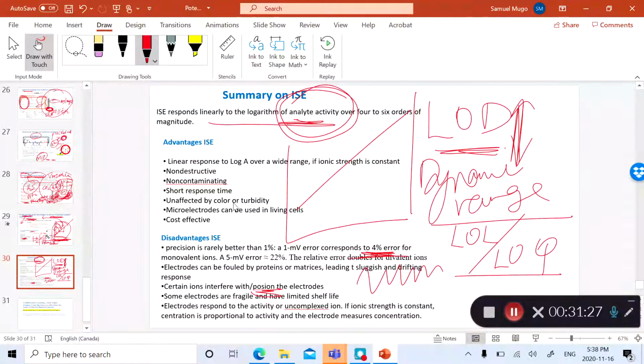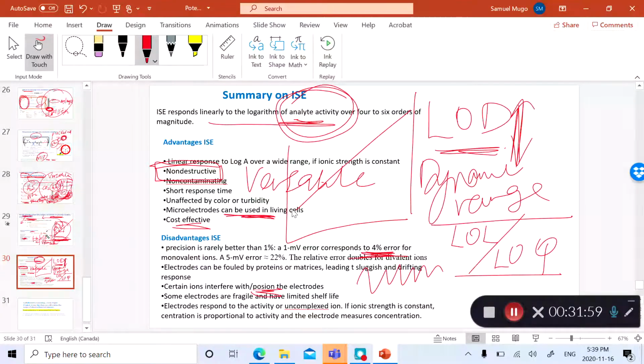Now, advantages. Like I've said, they can be very, very small. So you can do in situ detection. So you can actually analyze things in living tissue. They are very cost effective. They are very versatile. You can almost make anything you can think of, because you just need to play with the chemistry to make the membrane selective to whatever you're analyzing. Now, this is very important because you do not destroy the sample.